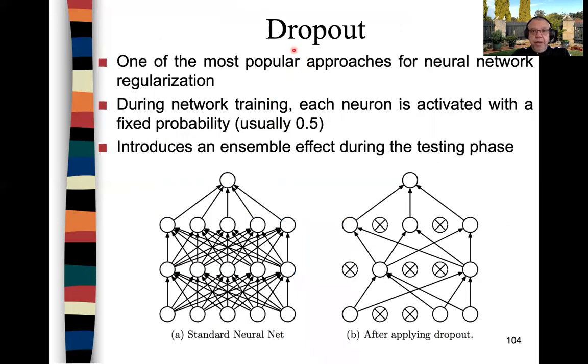The second way of regularizing your network is to use dropout. This is one of the most popular approaches for neural network regularization. Instead of training this whole model, you assign a certain parameter, so to say, that the probability for a neuron to fire or be activated is equal to 0.5.